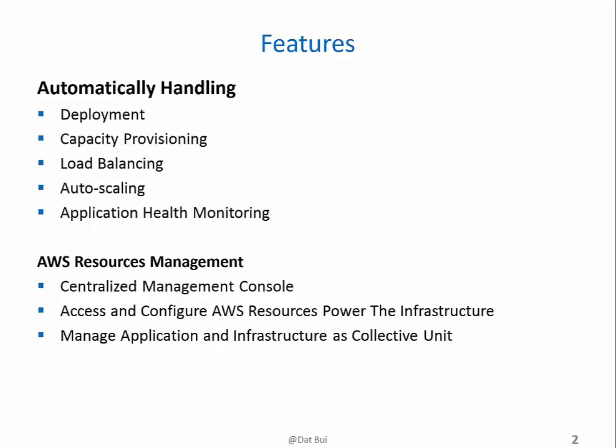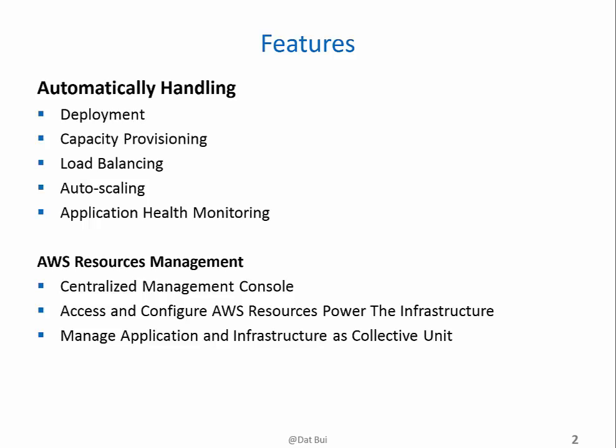You are not forced to stay with the predetermined configuration. You still have complete control of the AWS resources under the hood that power the infrastructure. You can still configure these individually through a centralized management console.